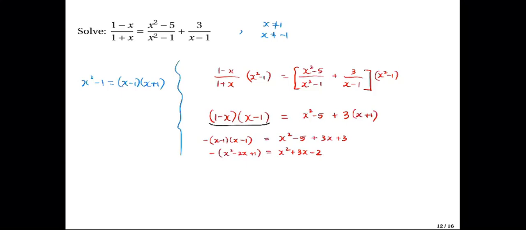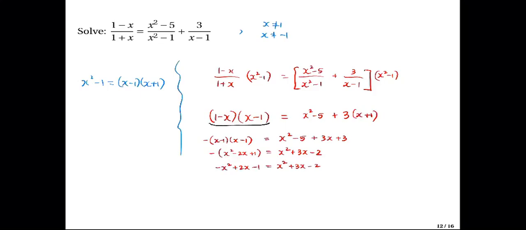Okay, the left-hand side, let's distribute this negative over those expressions. We'll have negative x squared plus 2x minus 1. This is equal to x squared plus 3x minus 2.